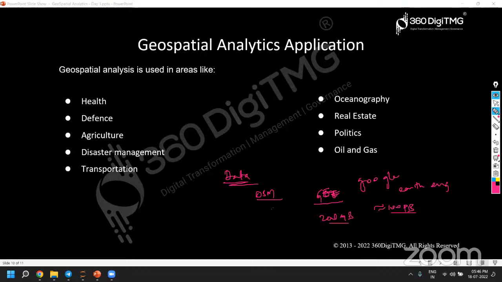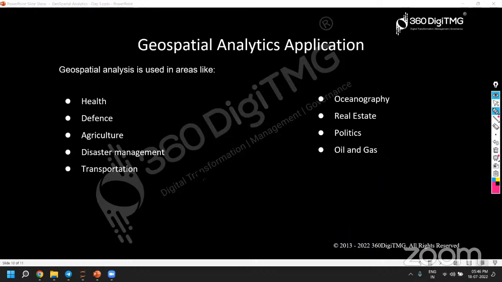What are the common data formats? How can this data be stored? How can this data be processed? If I talk about the data file formats, ultimately, geospatial data is about geographic locations, different geographic locations that we talk about.